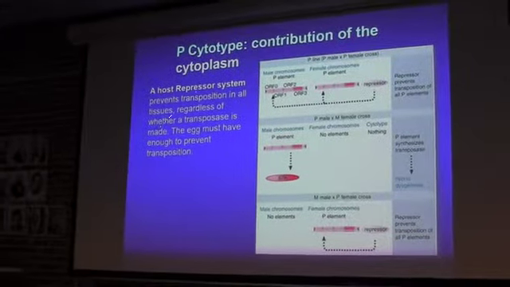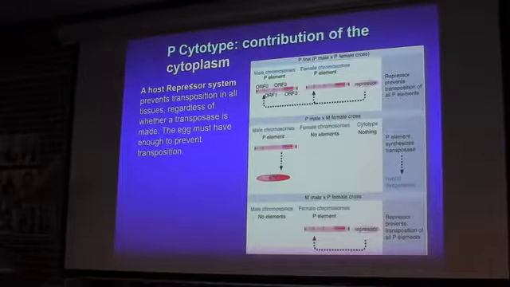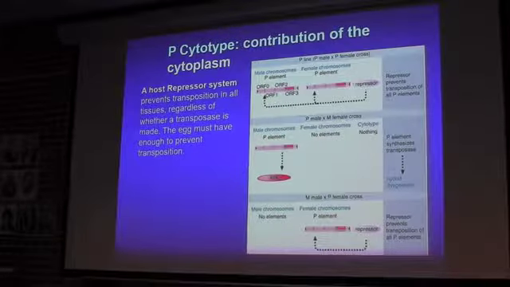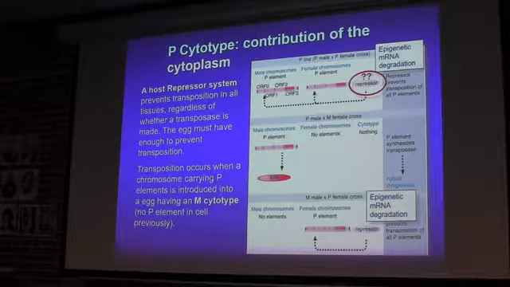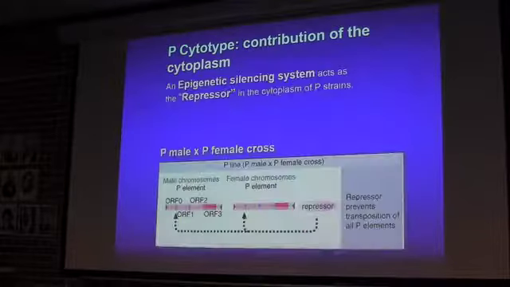Host, repressor system, repressor, they're talking about epigenetic silencing. So I'm just going to show you all this stuff. That really means epigenetic mRNA degradation. I'm going to show you how it works in a minute. Here you go again.